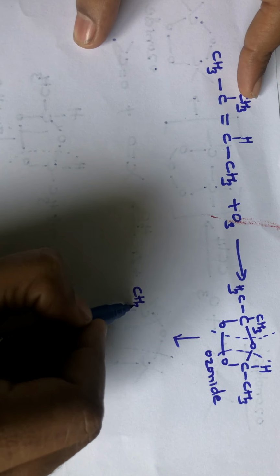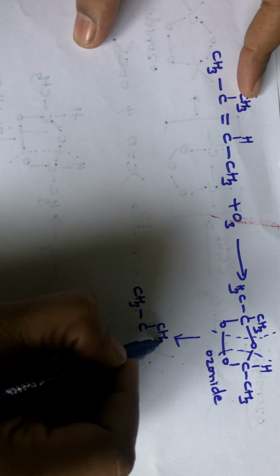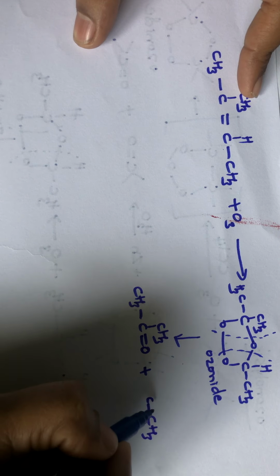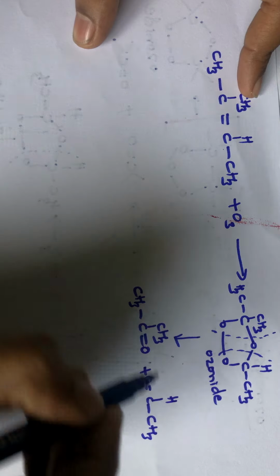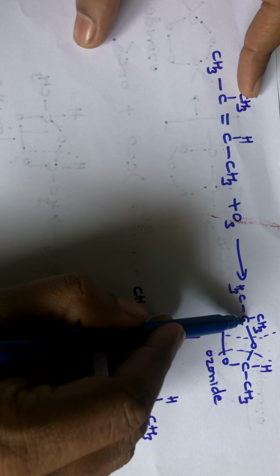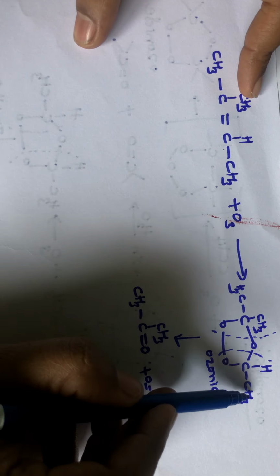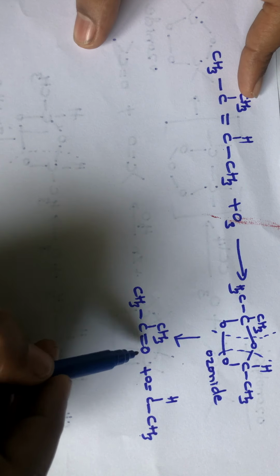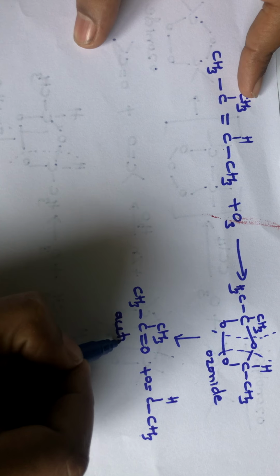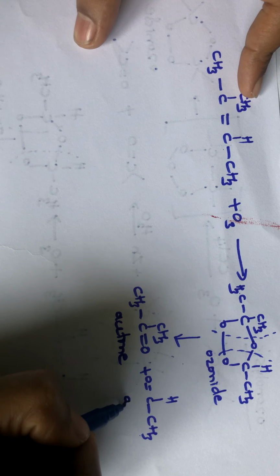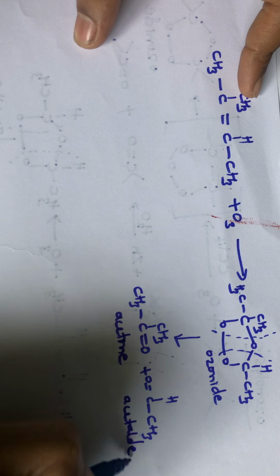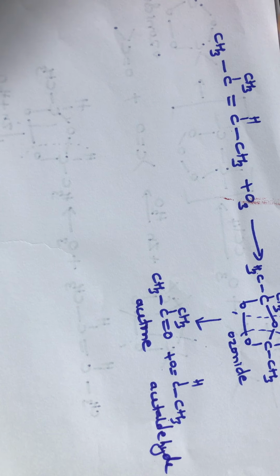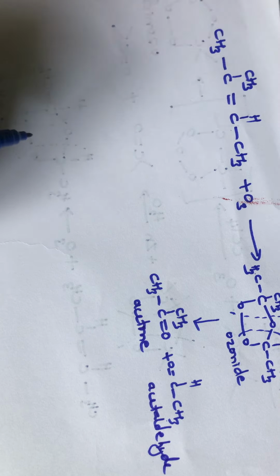This is what is formed: CH3 C double bond O CH3, plus CH3 C double bond O H. So you are going to get one molecule of aldehyde and one molecule of ketone. This is acetone, and this is acetaldehyde that you are going to get. Is it clear with this?